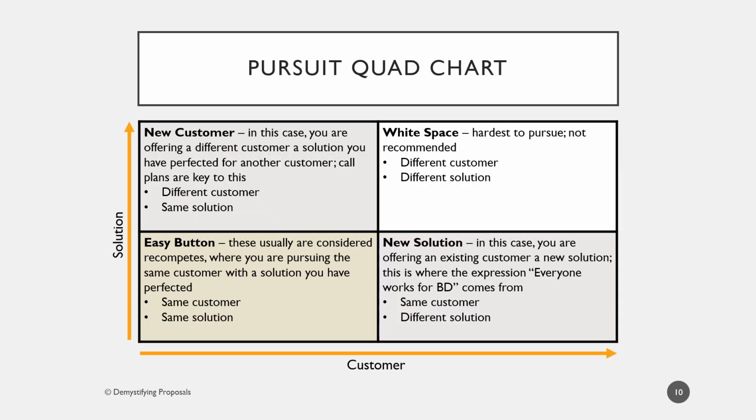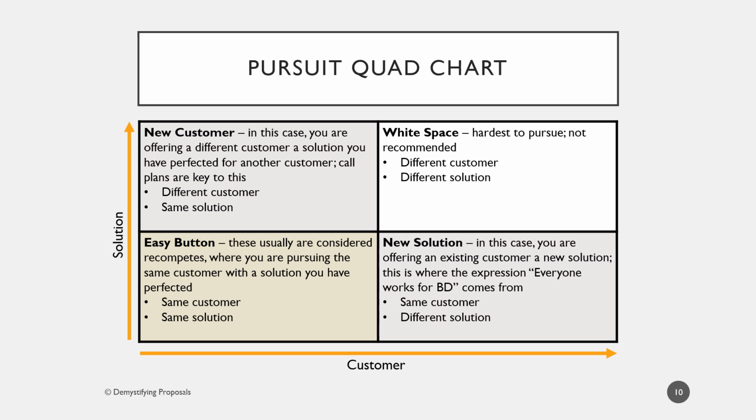To help narrow down the list from every possibility for every organization that you might be interested in pursuing and every opportunity that is professional services or IT services, whichever your company might be, you start looking at things like this pursuit quad chart. So, looking at this quad chart, you have both solutions and customers.